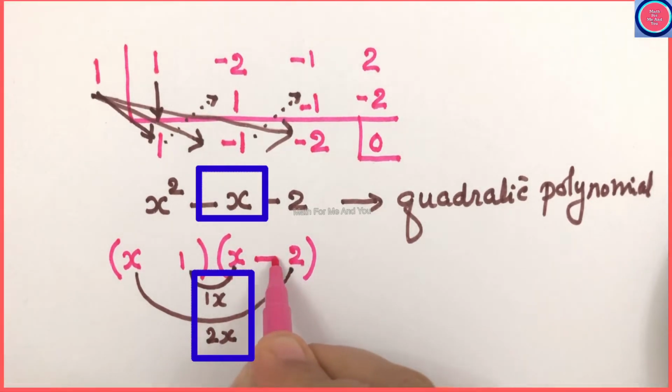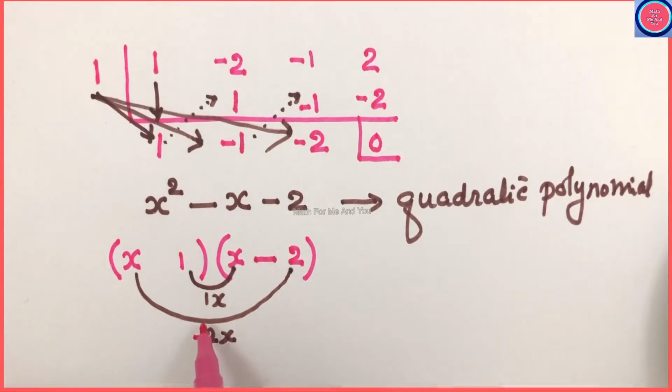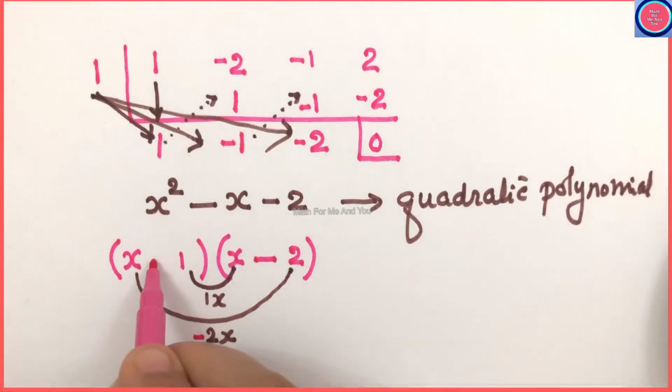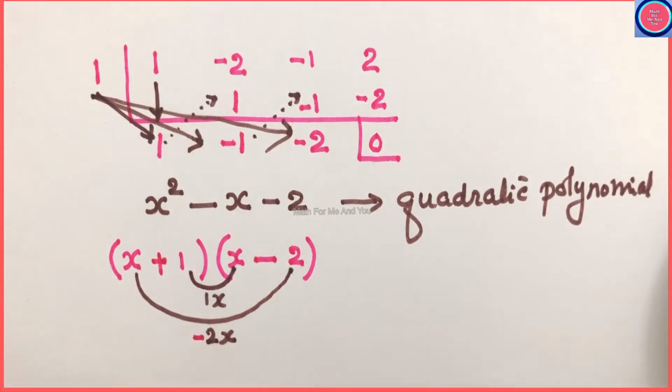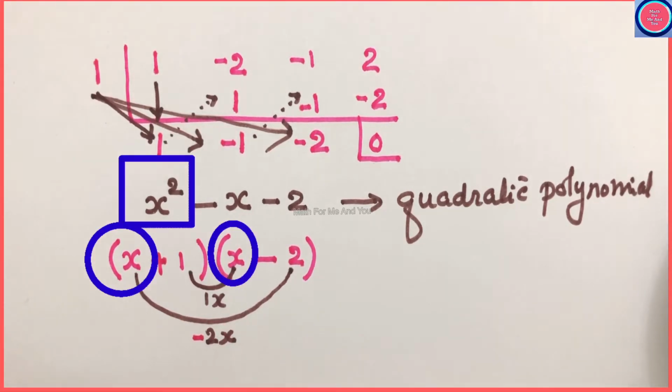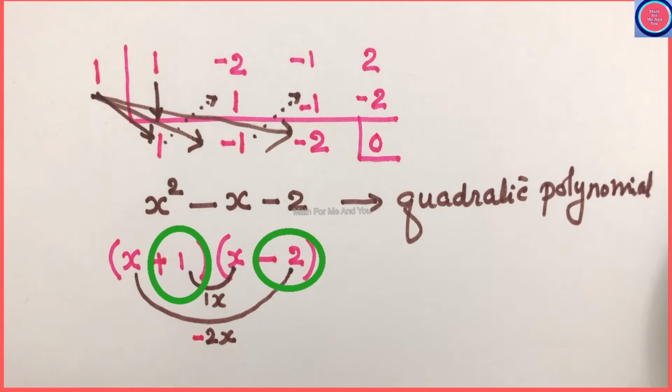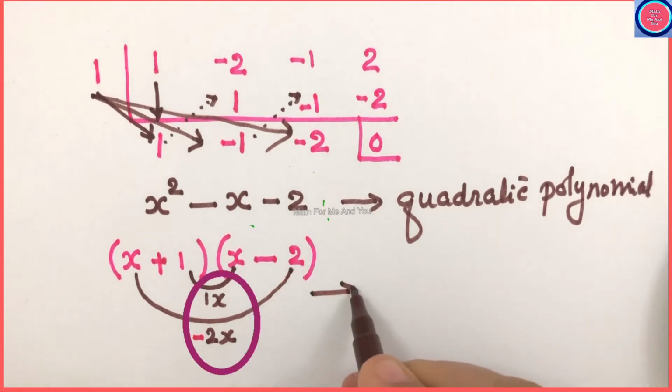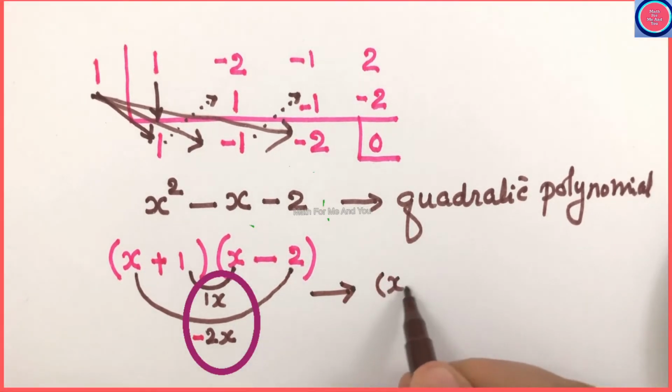If we keep 2 as negative, then we can see minus 2x and 1x together we get minus 1x. That means if we change 2 as negative 2, we get the factors x plus 1 and x minus 2. So that x times x is x square, 1 times minus 2 is minus 2 and the cross multiplying result is the middle term minus x.